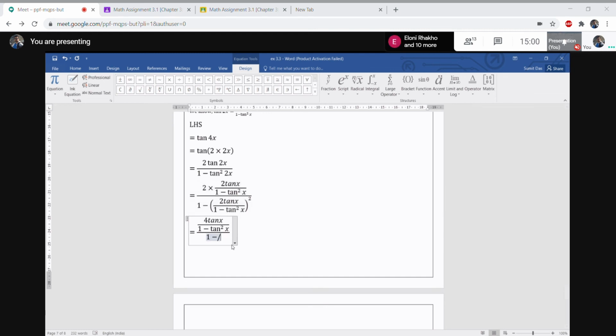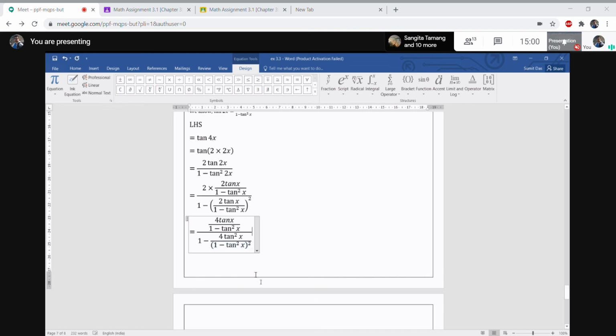So numerator will be 4 tan square x divided by 1 minus tan square x whole square, divided by 1 minus tan square whole square.